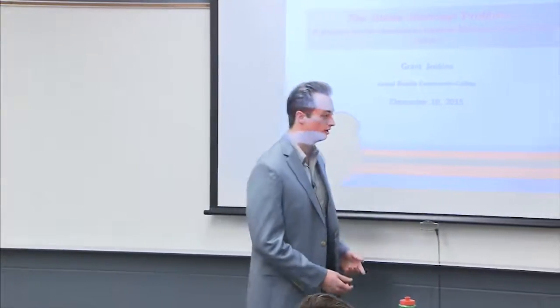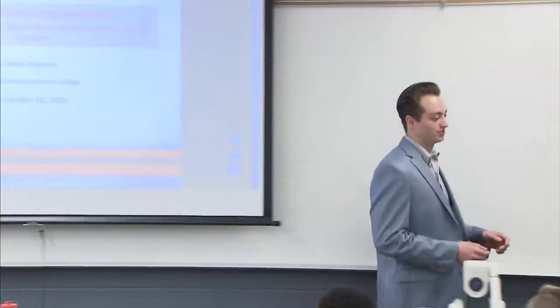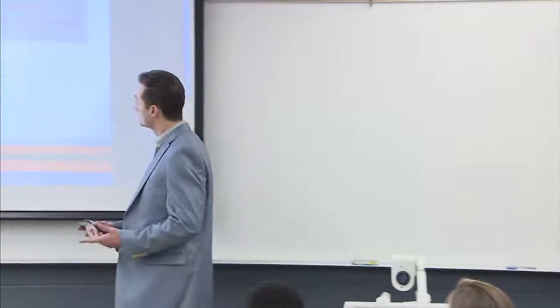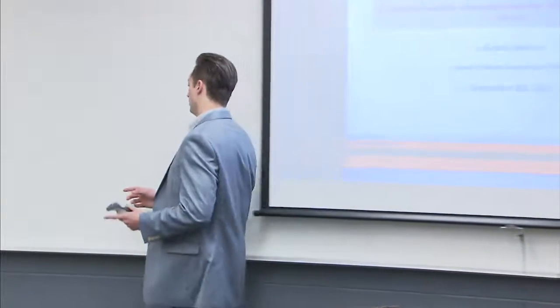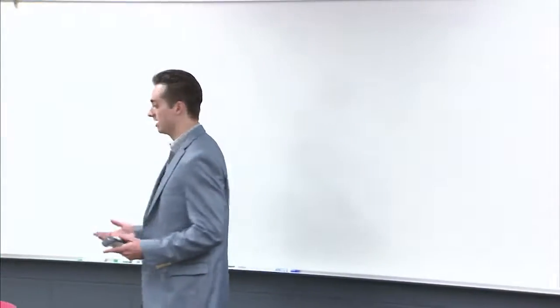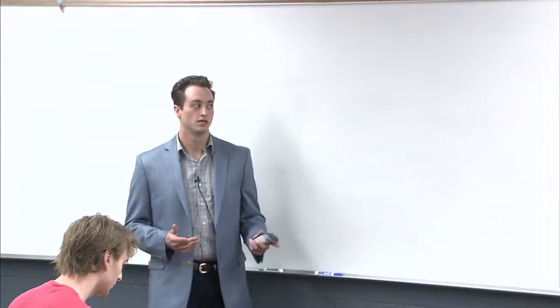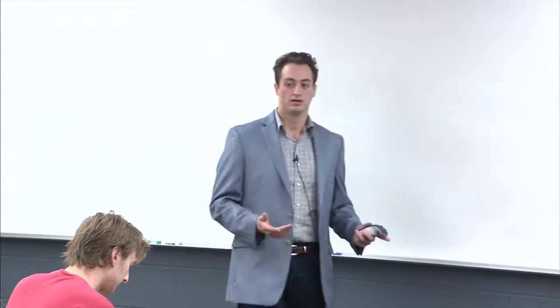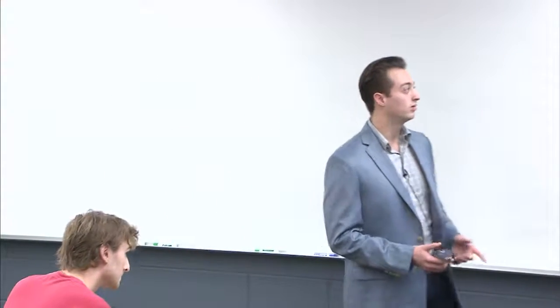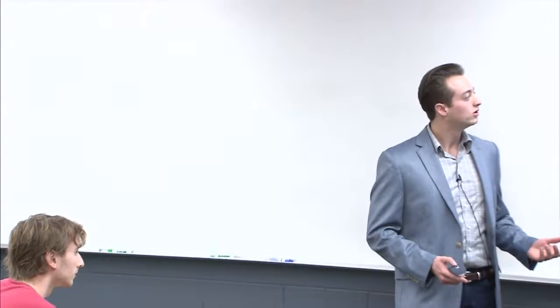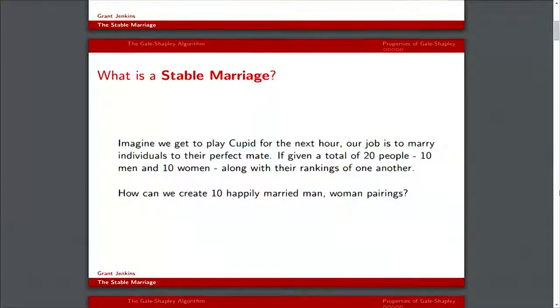So the stable marriage problem is what I've been working on for the past semester. It's a math problem that is mostly in the field of graph theory. It's described basically as, imagine we get to play Cupid for the next hour, and our job is to marry individuals to their perfect mate.